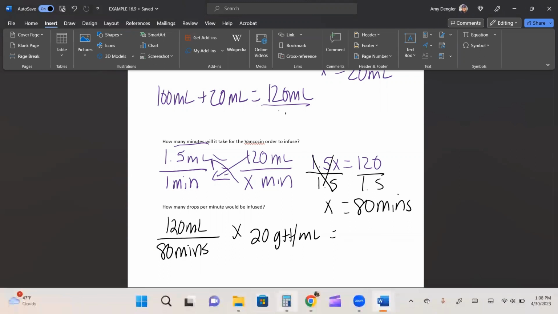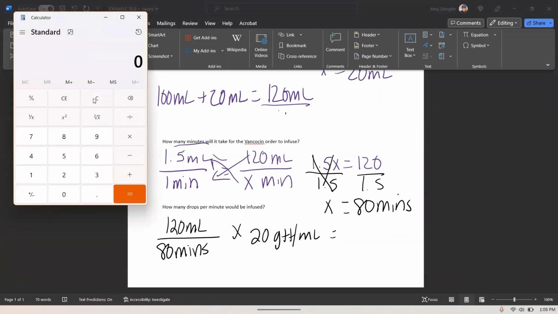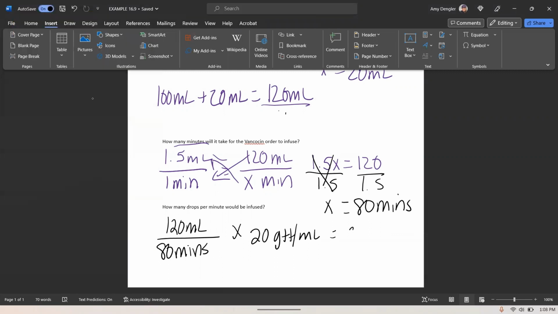Now I'm just going to do my math. 120 divided by 80 times 20, which is going to give me 30 drops per minute.